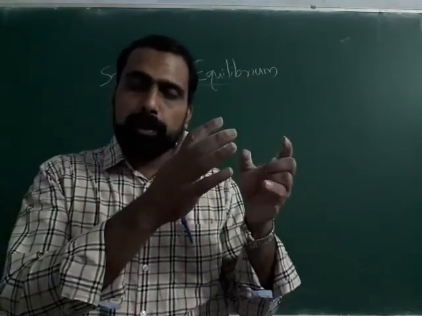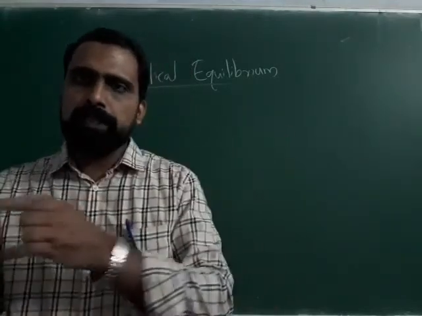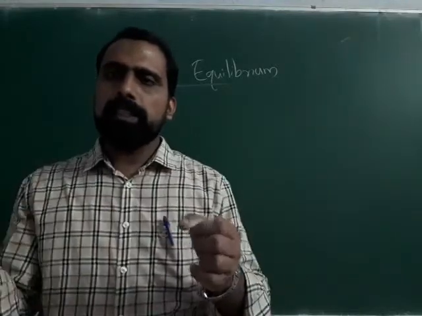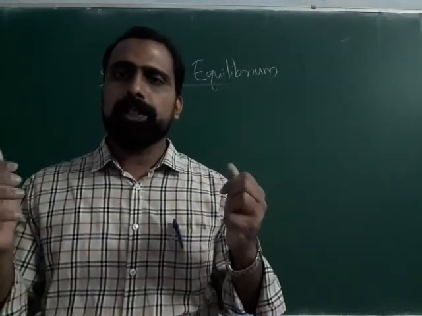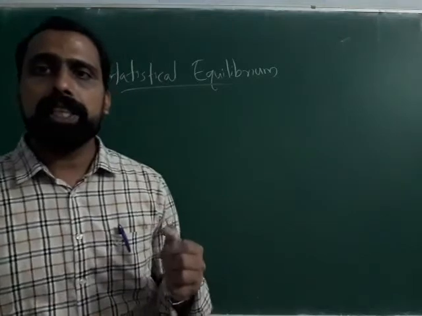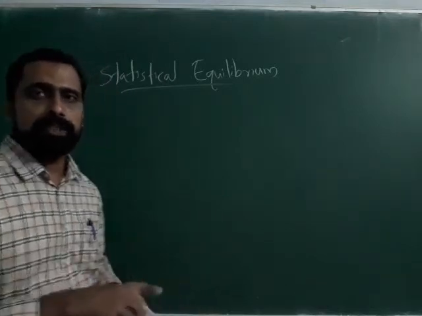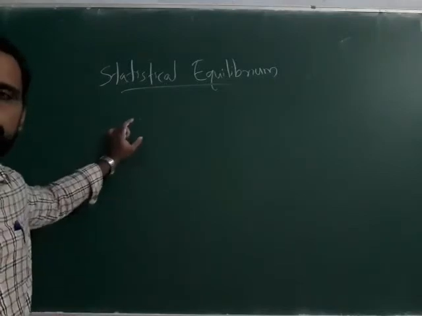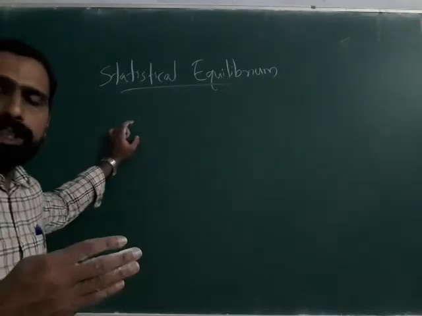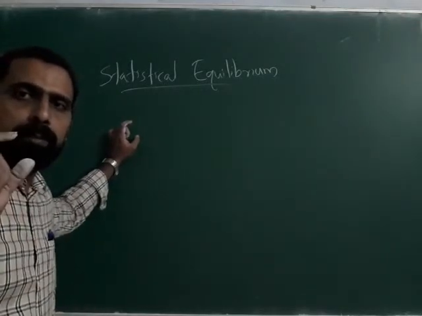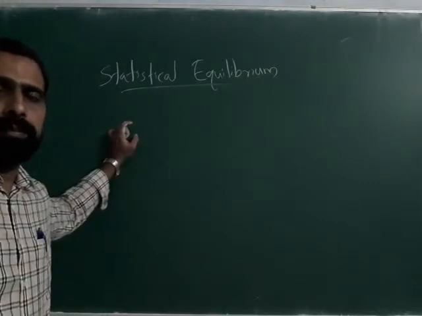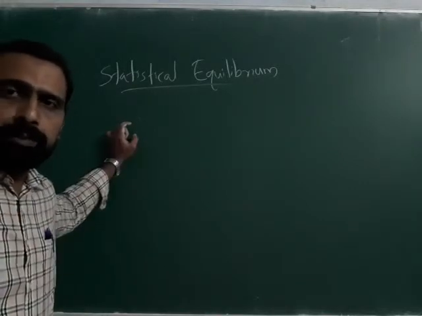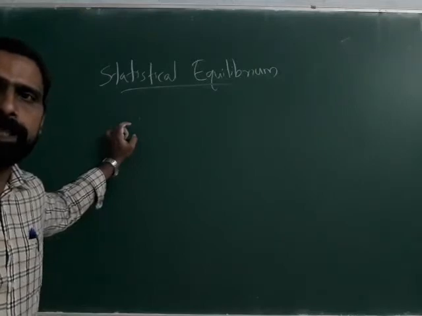If the probability distribution remains the same over time, then that state is called a statistical equilibrium state. You just keep on checking the probability distribution over time. If it remains constant, this is a statistical equilibrium.